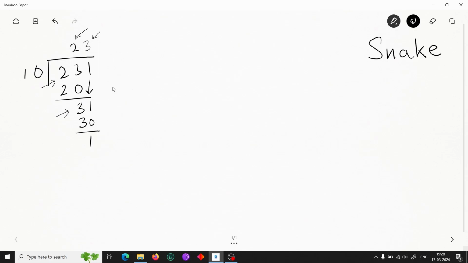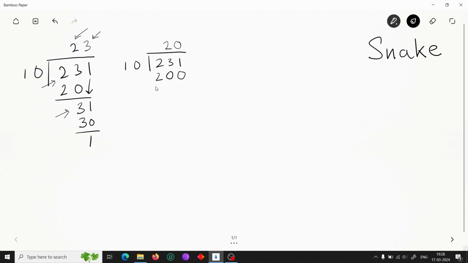First let's divide 231 as we did before. That would give us 20, but this time I will not bring down the 1. I will multiply this with 20, so this becomes 200.